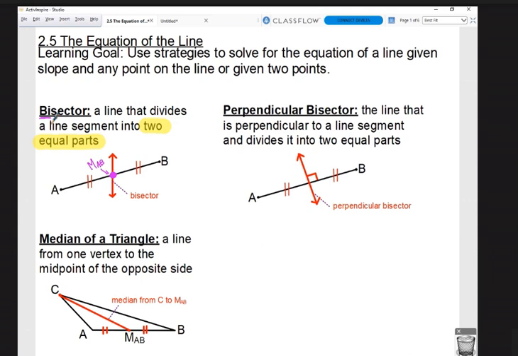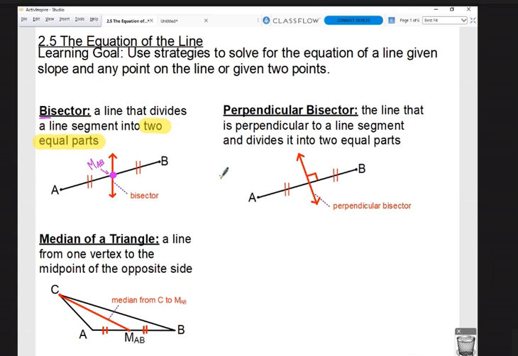Great. Now, the reason why we needed to learn about a bisector is because what we're going to be dealing with today is a very specific type of bisector, and we call that a perpendicular bisector. Think about the word bisector. We know that the line segment is going to go directly through the midpoint, for sure. It's going to bisect a line segment, but not in any which way possible. It's very specific because this is a perpendicular bisector, and a perpendicular bisector goes through a line segment at a perpendicular angle.